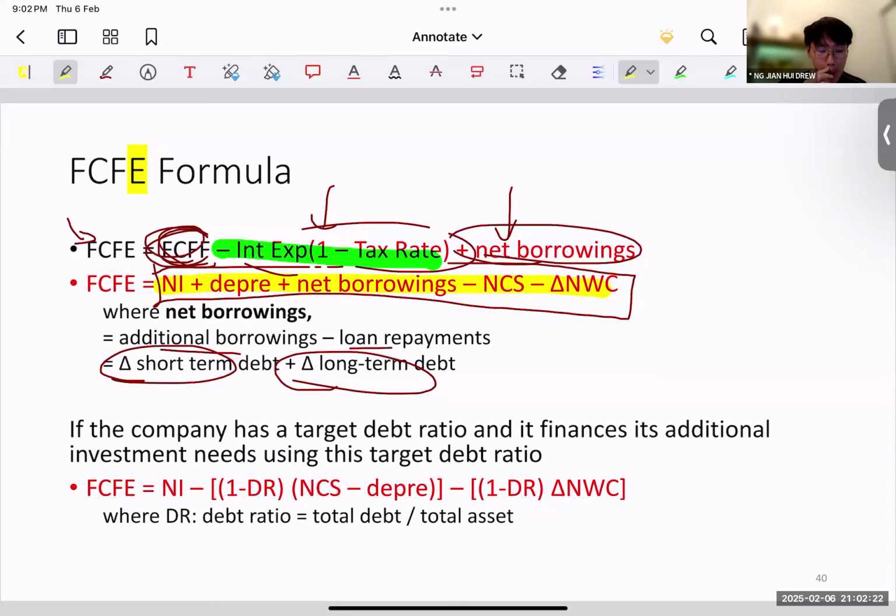Is this clear? This concept is quite important, why we are doing certain adjustments to the cash flows. Hopefully by understanding this, you're not just memorizing all the formulas, but you understand the reason why we minus the interest expense for FCFE and why we add it back for FCFF.